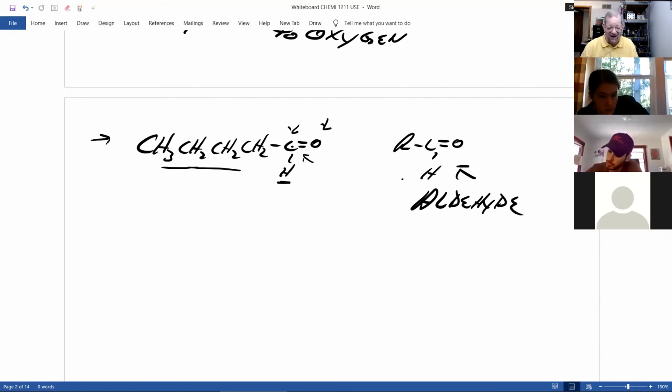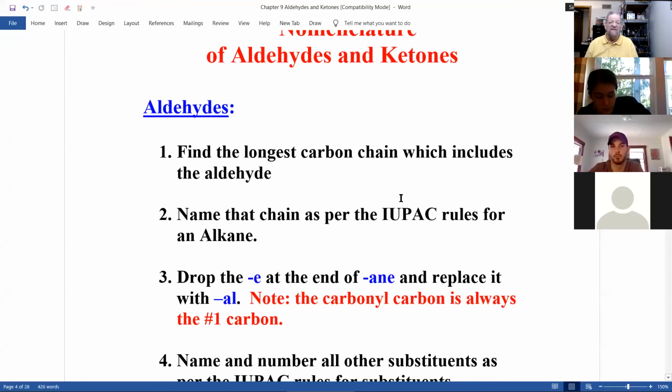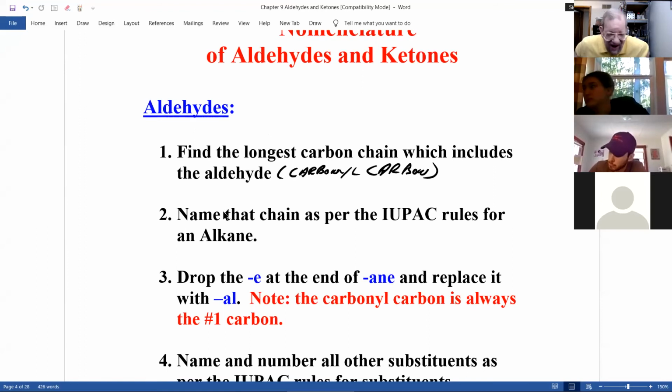Well, how do you name this aldehyde? Guess what? IUPAC has rules for that. First of all, find the longest carbon chain I have here, which includes the aldehyde. I could have also said, find the longest chain that has the carbonyl carbon in it, carbon double bond to oxygen.